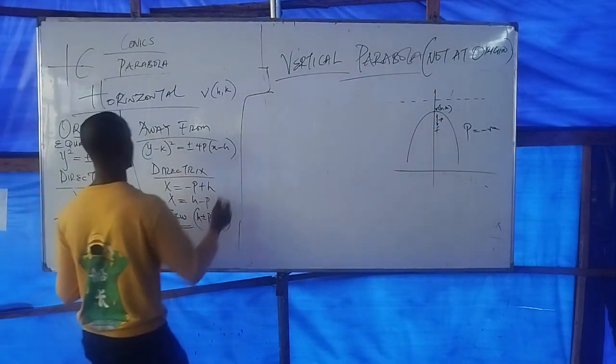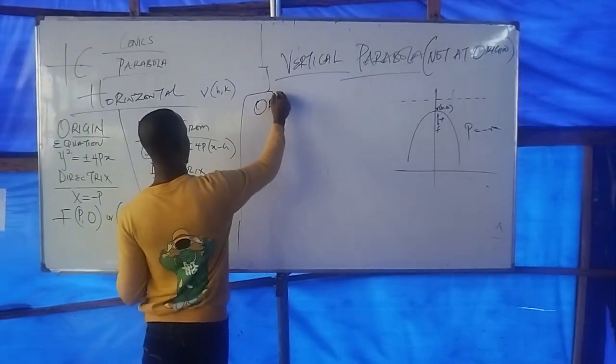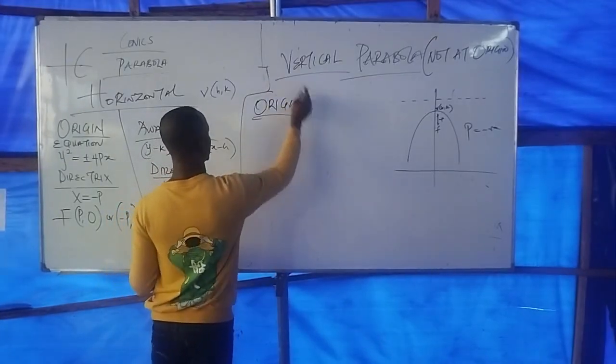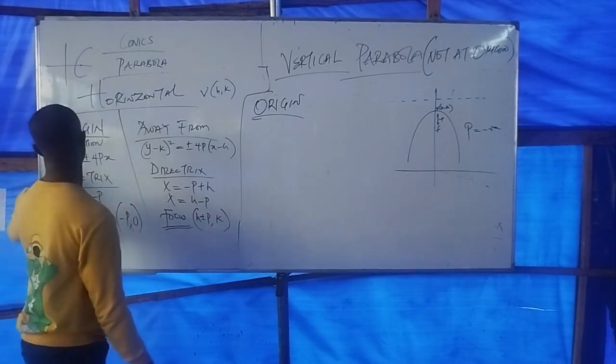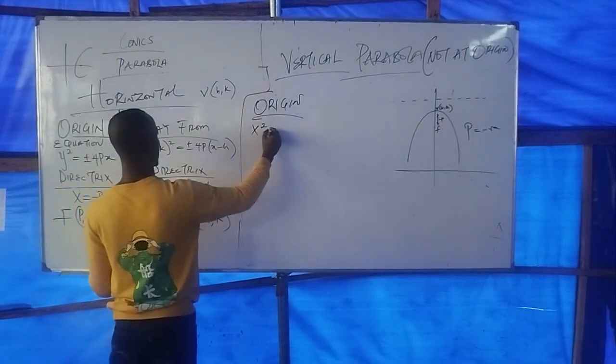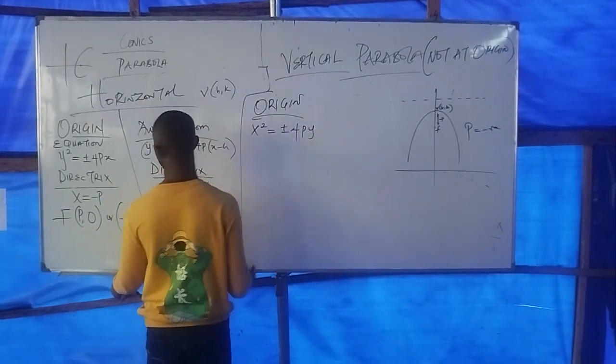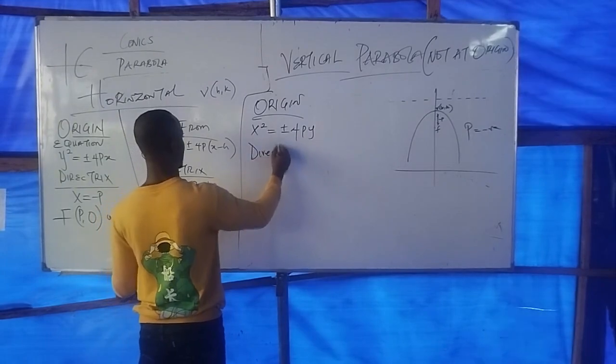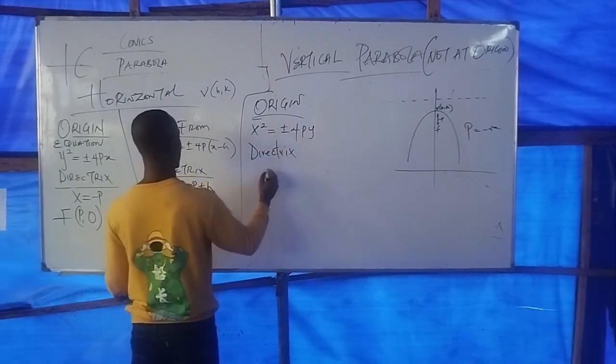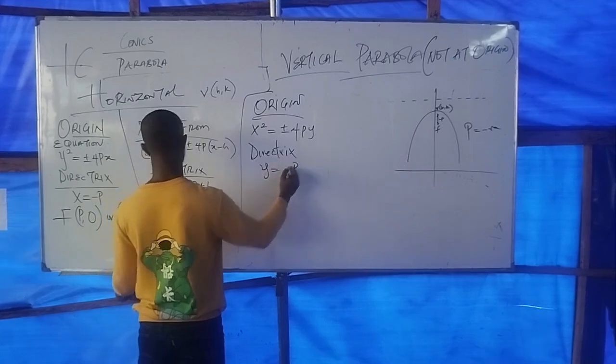For a vertical parabola at the origin, we have x squared equals plus or minus 4py. The directrix will now be y equals minus p.